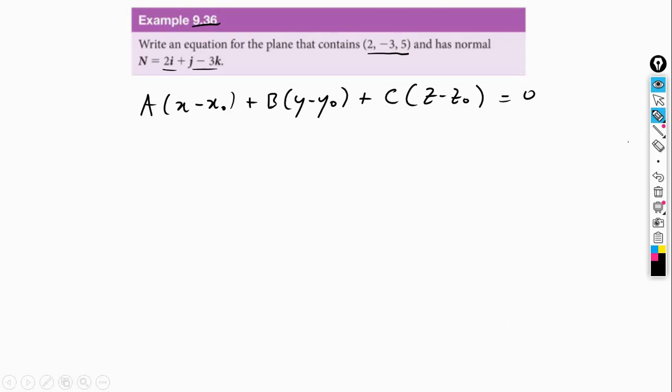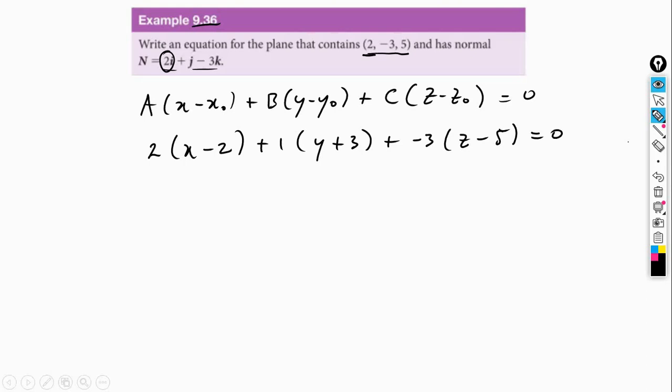For a, we have 2, which we get from here, and this times x minus 2. So this is x sub 0 that we get from here. And then b is 1, and then we get y minus negative 3, so y plus 3, plus c, which is negative 3, so negative 3 times z minus 5.